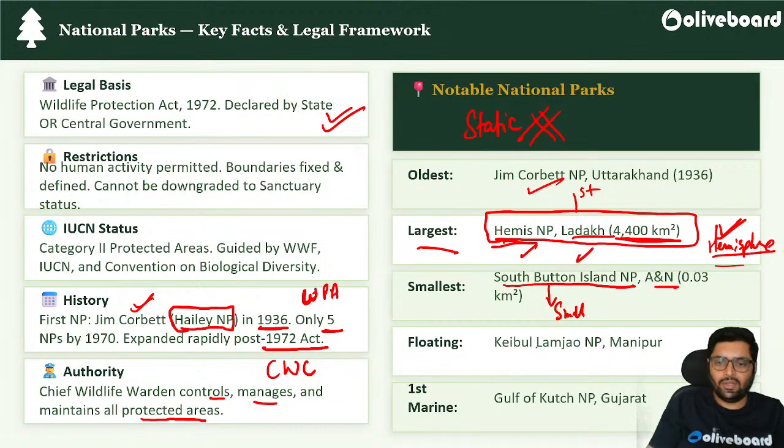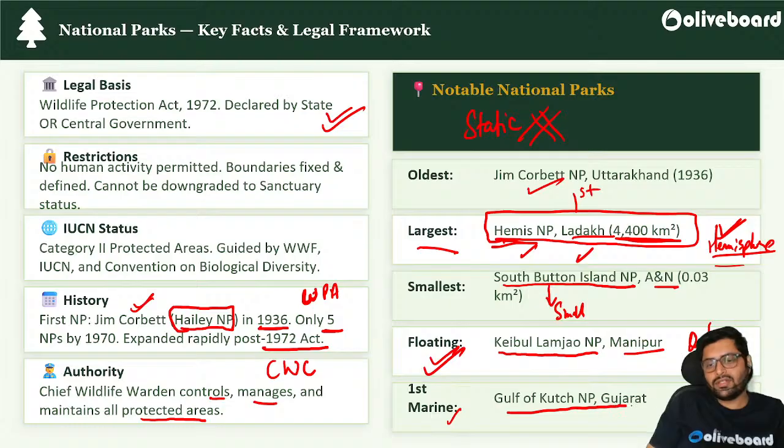Kebul Lamjao National Park in Manipur is the only floating national park. Correct? Floating Kebul Lamjao. And the first marine national park was Gulf of Kutch National Park, Gujarat.